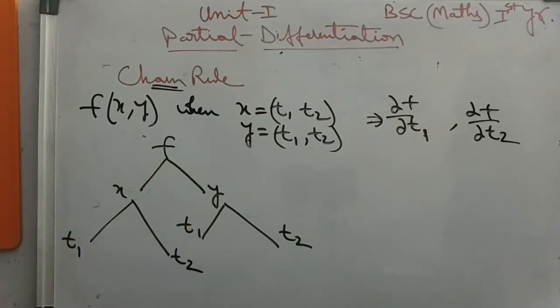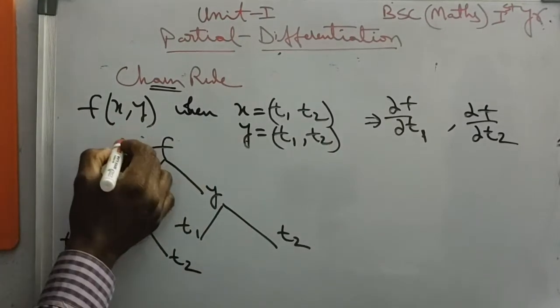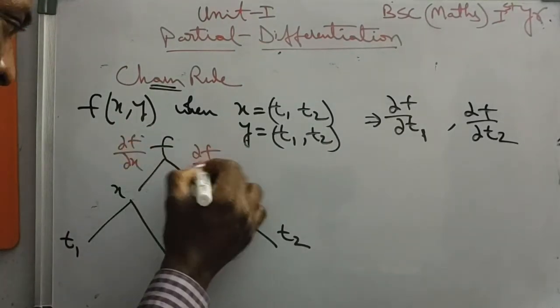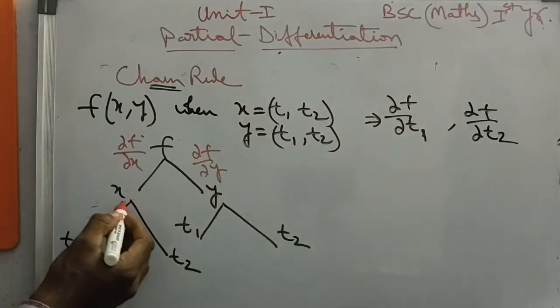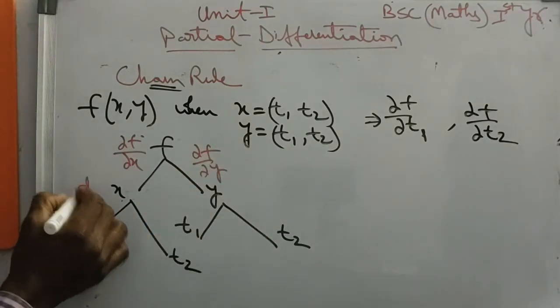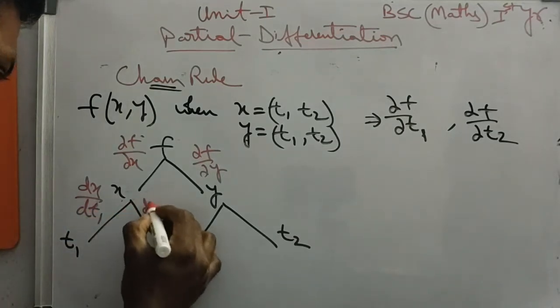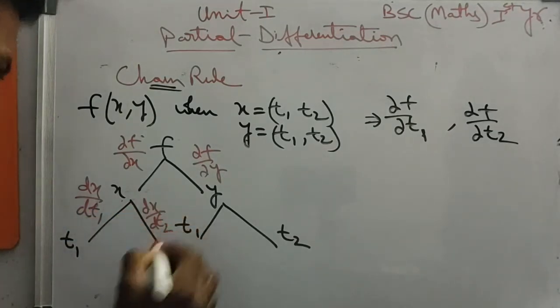Just as before, in the same format, let us write the terms. Here dou f by dou x and dou f by dou y, and these terms we write as dx by dt1 and dx by dt2.